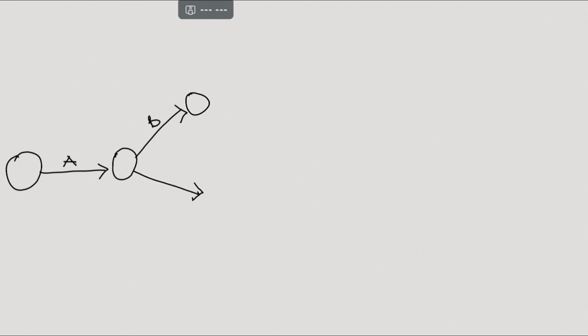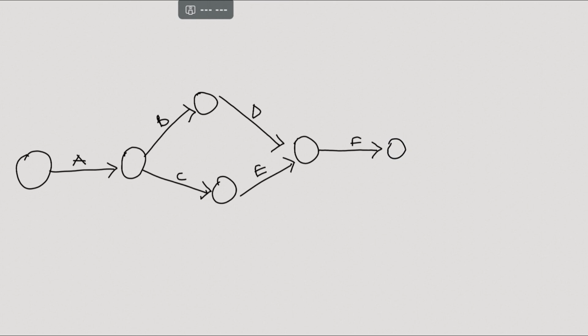So we're starting with the network diagram, and we're starting with the starting point, then we have A, then B, then C, then D, E, F, then A, we have G, and G and F precede H.